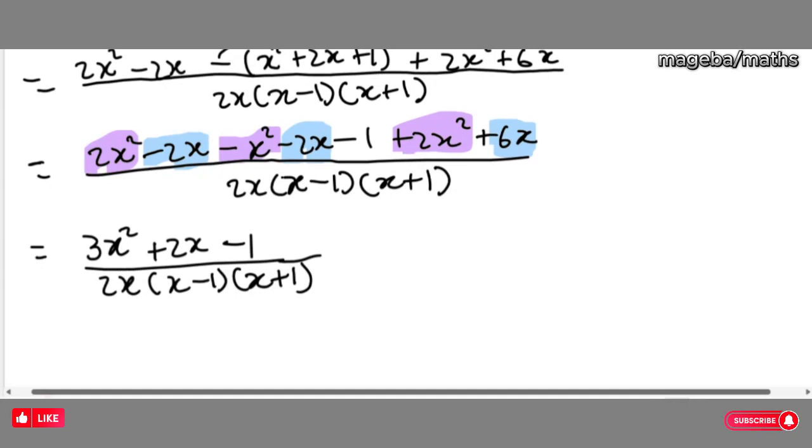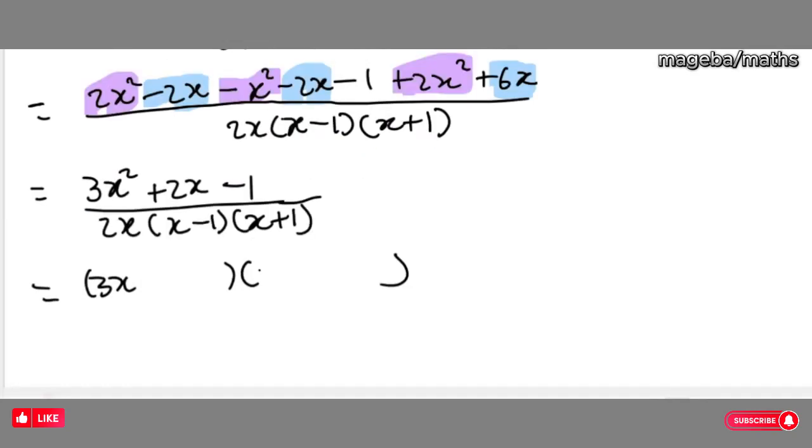equals 2. Now here I can factorize this. This is my trinomial, so I need to find the factors of here. My factors here are going to be 3x and x, and then 1 and 1, and then this is just going to be negative and positive.